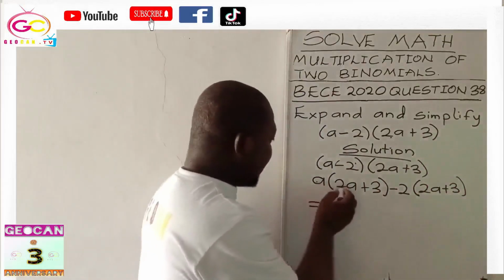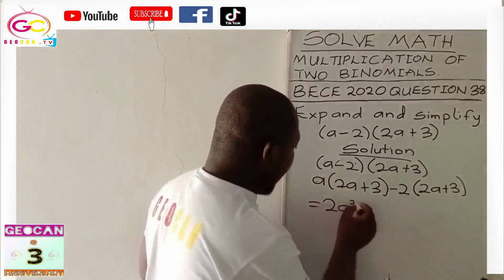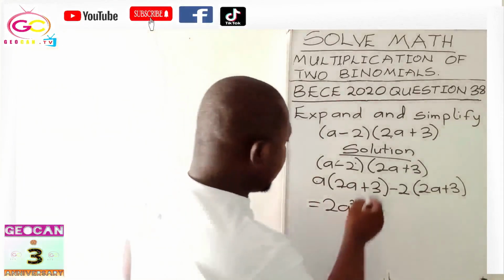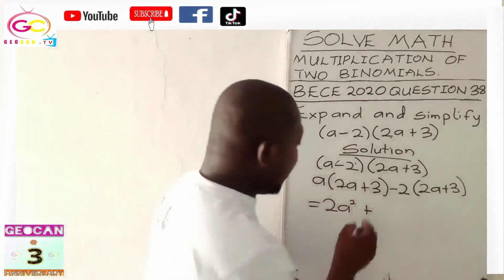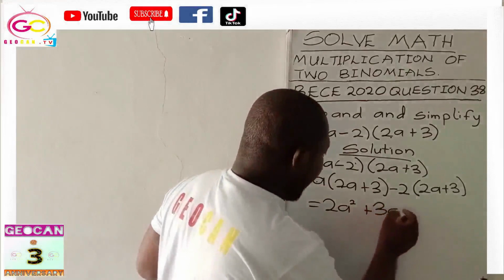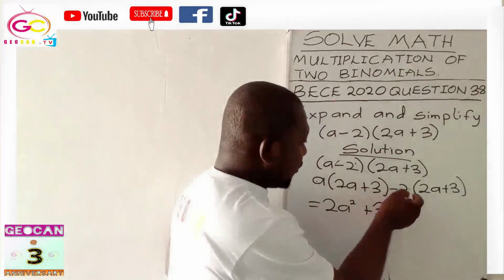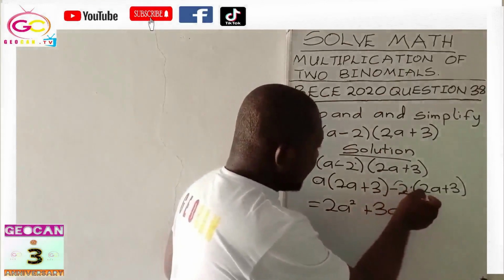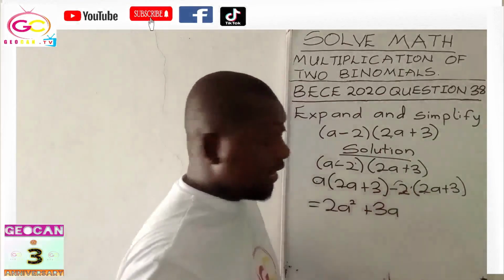Now, a times 2a will give us 2a squared. These are the rules of algebra. Plus a times positive 3 will give us 3a, that is positive. Here, we have negative 2, please take note of that. So negative 2 times 2a. Anytime a negative multiplies a positive, the answer becomes negative.